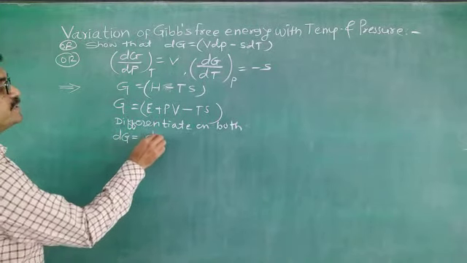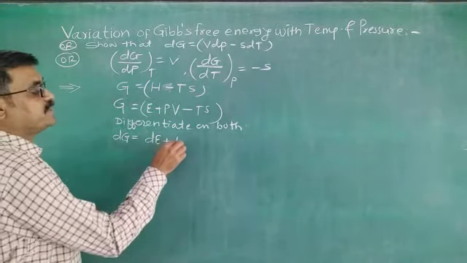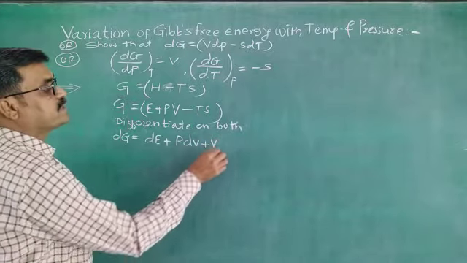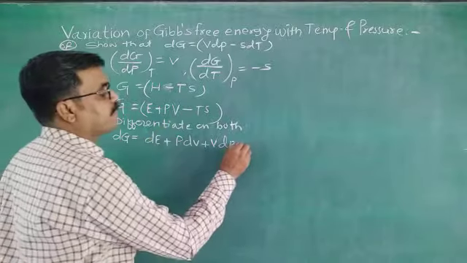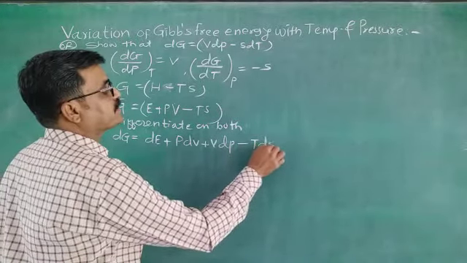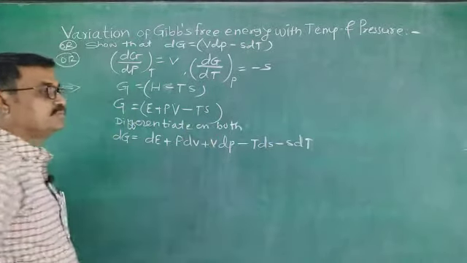Differentiation of E is dE, plus, by the U into V rule, first function P times the derivative of the second, plus the second function V times the derivative of the first. Again the same thing: minus TdS minus SdT, again by the U into V rule.